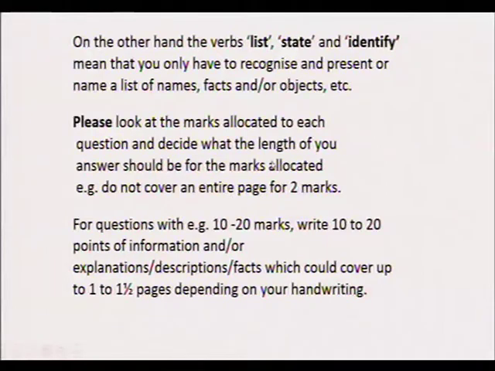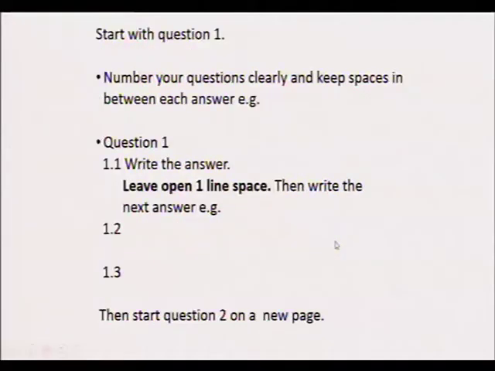Okay, for questions of 10 to 20 marks, write 10 to 20 points of information and or explanations, descriptions, or facts, which would then cover about 1 or 1.5 pages, depending on your handwriting. So, what will your answer paper look like?